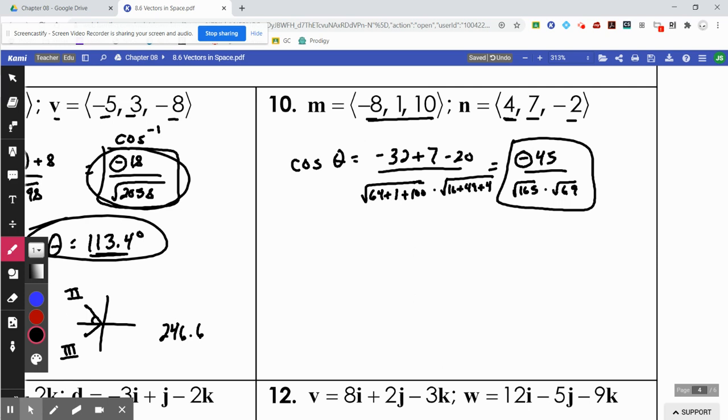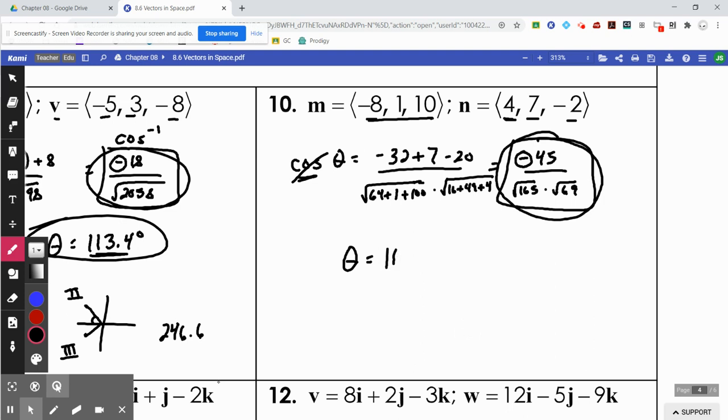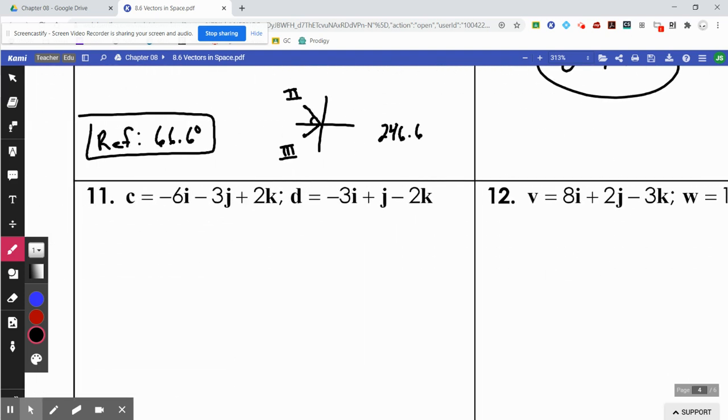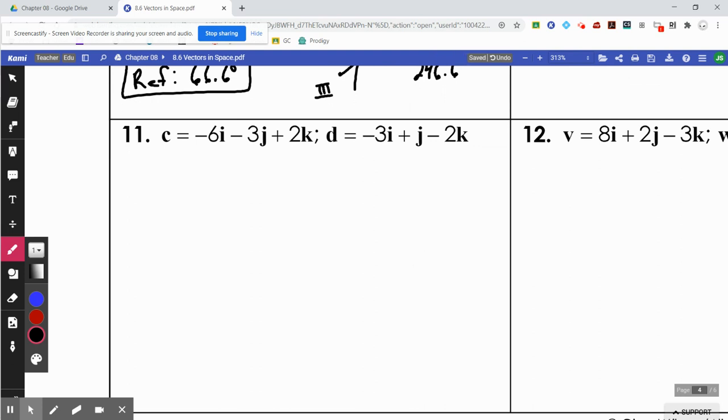You don't have to give both answers. So if you just like to type this whole thing in, move the cosine over by doing the inverse cosine, you're going to find out the angle between these two vectors is 114.9 degrees.